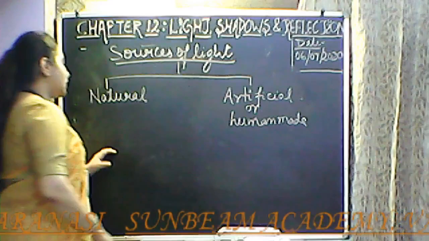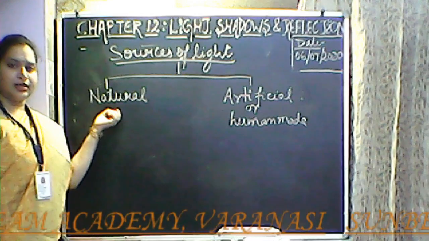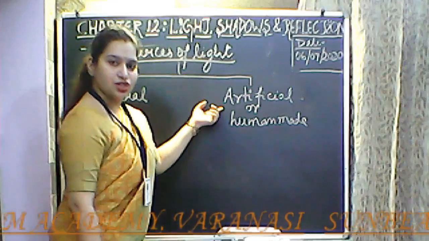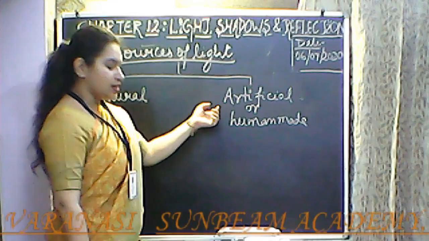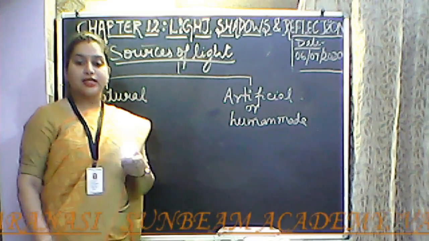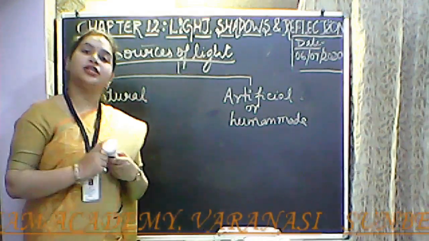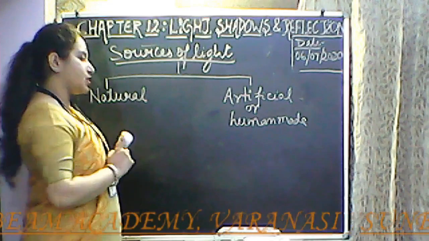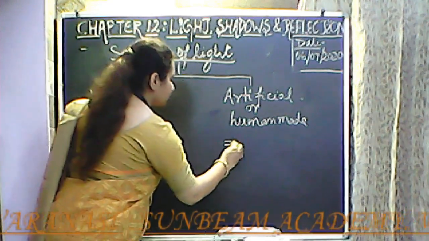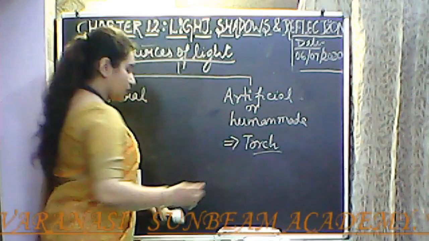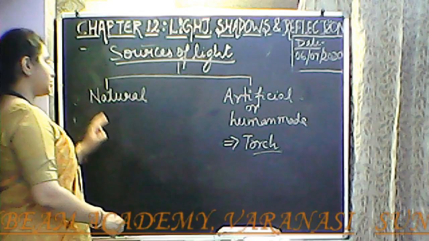There are certain things that occur naturally, and there are certain objects that artificially produce light. For example, this torch is producing light artificially. So this is coming under artificial.